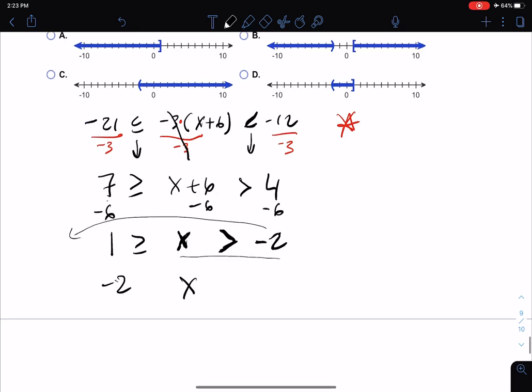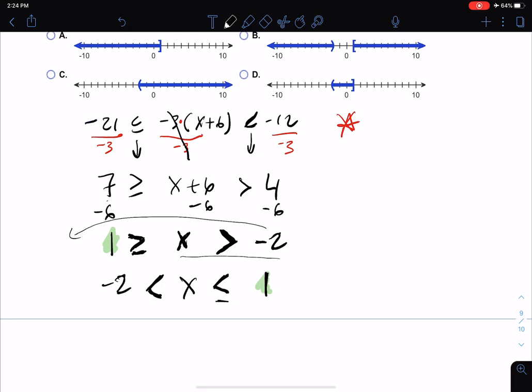So if I put a negative 2 over here, the inequality still needs to be opening towards the x, just like it's opening towards the x there, right? And if I put this 1 over here, this inequality is opening up towards the 1. So if I put the 1 over there, the inequality, to maintain the truth, must still open up towards the 1.